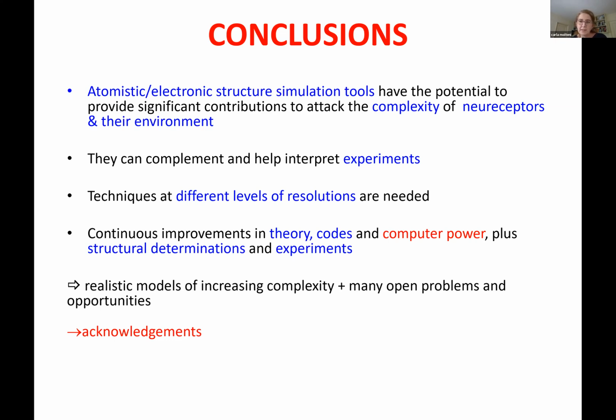And then again, there are lots of ideas, for example in the field of optogenetics, to try to manipulate with light the opening of the channels and also the communication between neurons. And so possible improvements would be better excited states methods than what we use, better ways to include the environment, and so on.